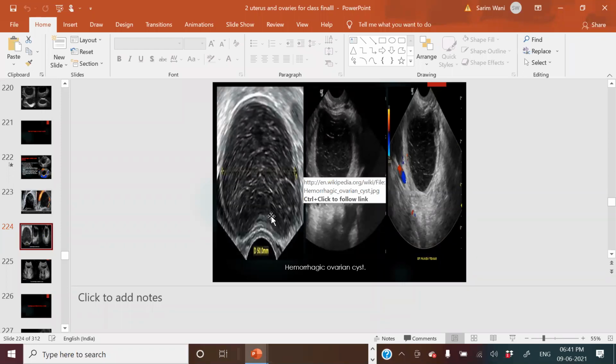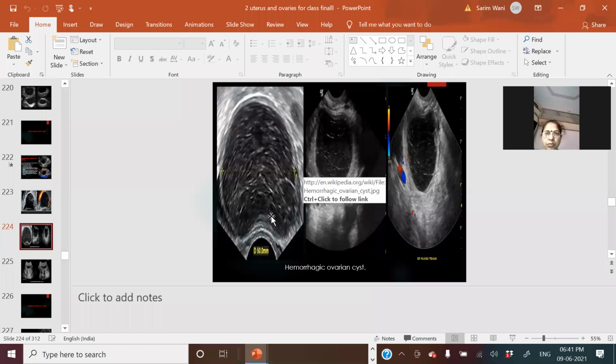So if the picture is changing dramatically, it goes in favor of endometriosis. If it is static over a period of time, it goes in favor of dermoid. I request you to attend the class on female pelvic scanning, where we have discussed this in detail. I quickly gave some important points.